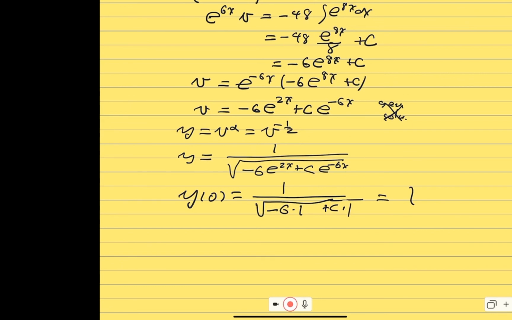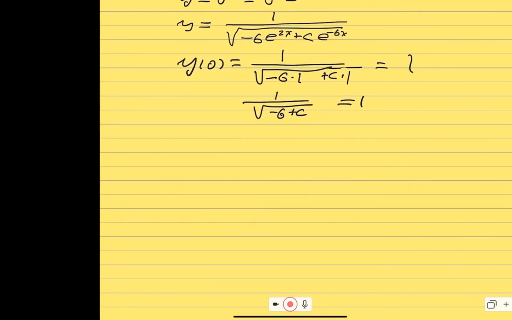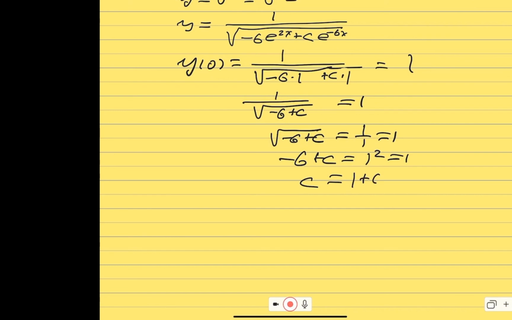And we want that to be 1. So this is 1 over the square root of minus 6 plus c equals 1. I can take the reciprocal and get the square root of minus 6 plus c is 1 over 1 equals 1. Squaring, minus 6 plus c is 1 squared is 1. So c is 1 plus 6 equals 7.